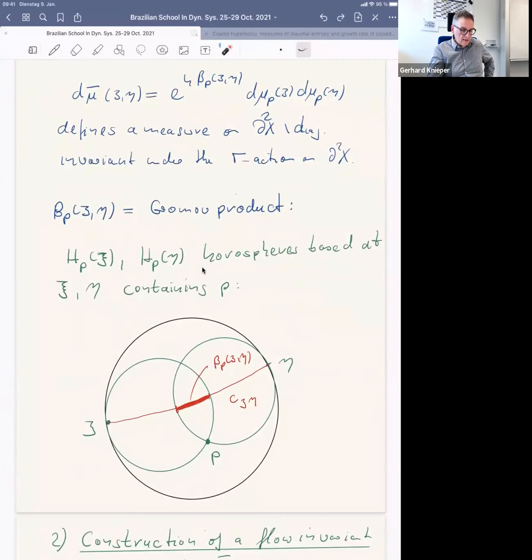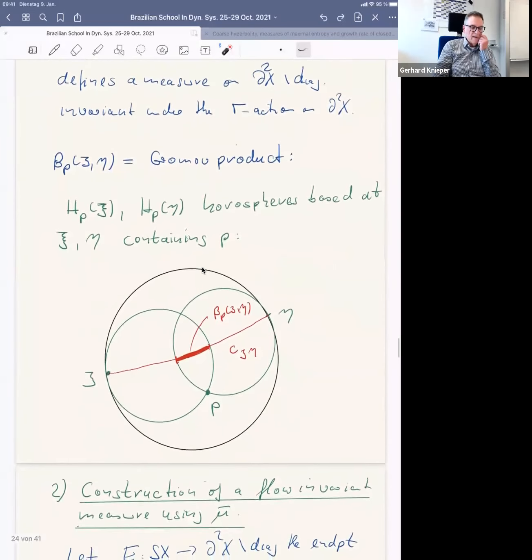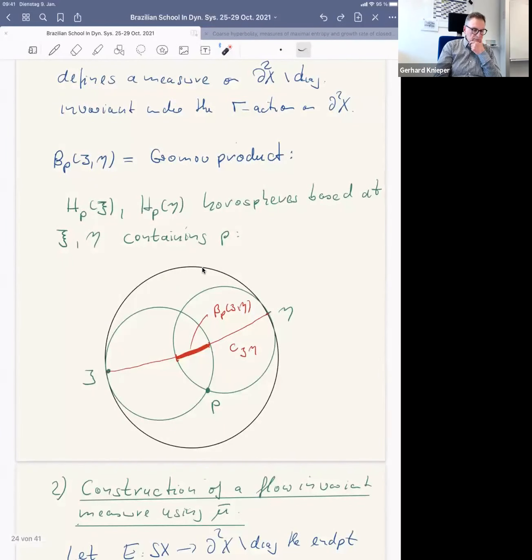So what is the geometric meaning of this Gromov product? You fix this point P, and associate to the points psi and eta two horospheres which are based at these points and contain this point P. Those are the green circles which I draw here, the horospheres.